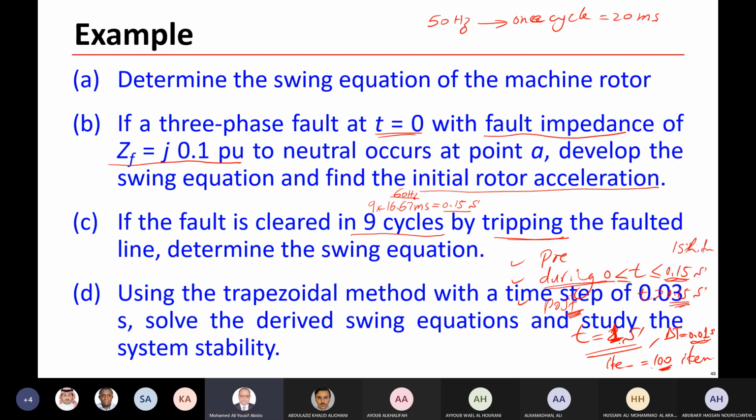That means for 0.15 second over 0.03, it will be 5 iterations. So for 5 iterations we will solve during the fault, and after 5 iterations we will switch to the post-fault swing equation. Is it clear? Any question? If you have any question, please don't hesitate.